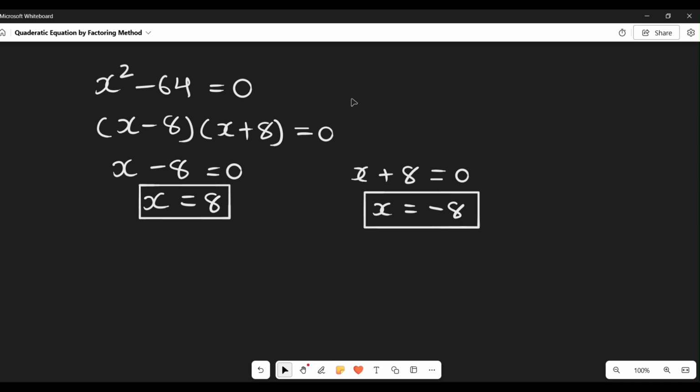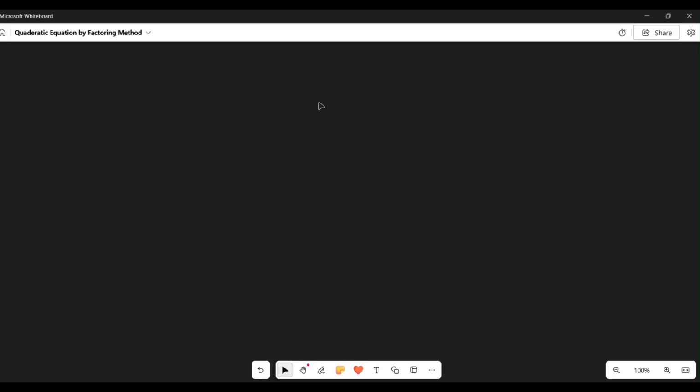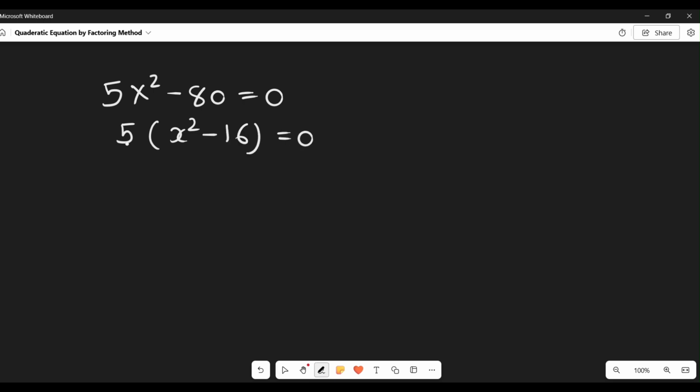Now let's take the second example. Suppose you have an equation 5x² − 80 = 0. Now you can take out the common factor 5. So it will be x² − 16 = 0. Now either this term or this term will be 0, but we know that 5 cannot be 0. So x² − 16 = 0.